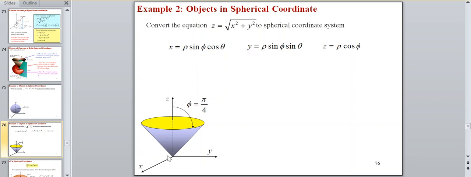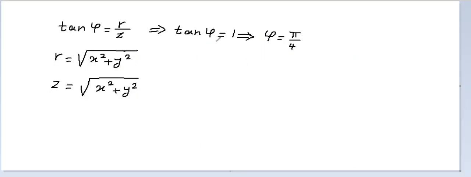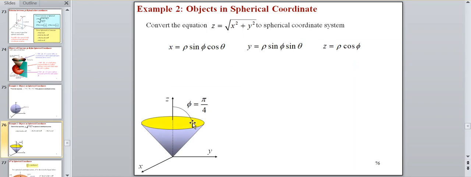If the cone is facing down, then phi must be between pi over 2 and pi. Since our cone is facing up, we are looking for an angle between 0 and pi over 2 whose tangent is 1, and that angle is pi over 4. So phi equals pi over 4 is the spherical equation of this cone.